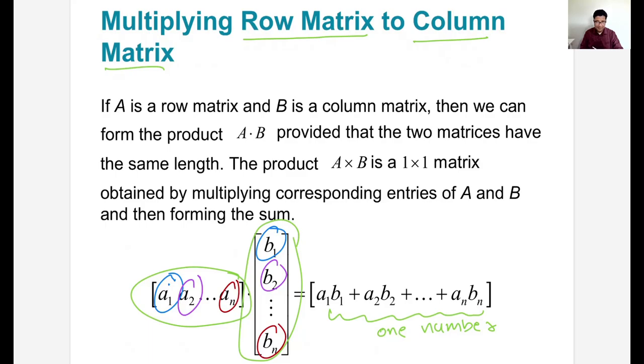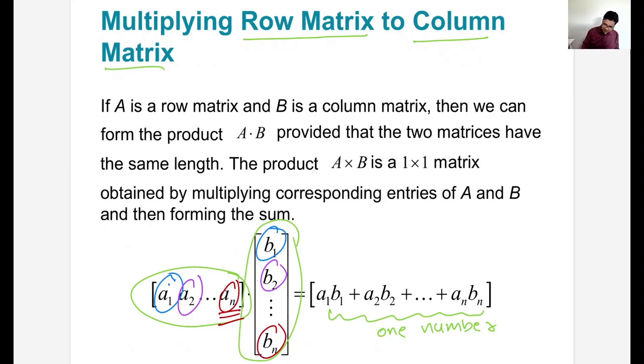So firstly, this is a definition of how to multiply. But immediately again, you see that you cannot multiply a row with a column if they don't have the same length. If the row has 3 elements, the column must have exactly 3 elements for this multiplication to make sense.